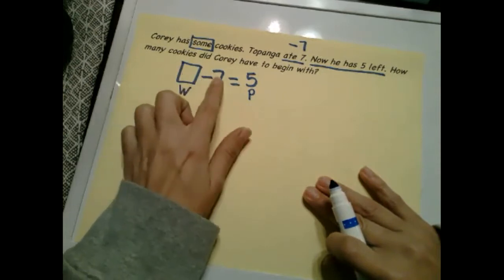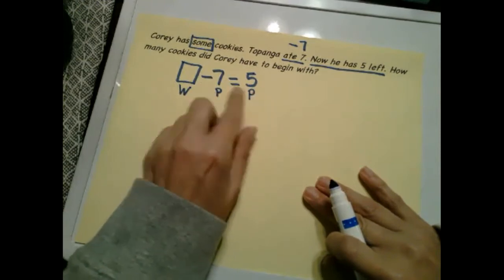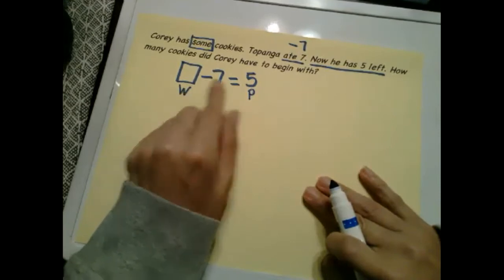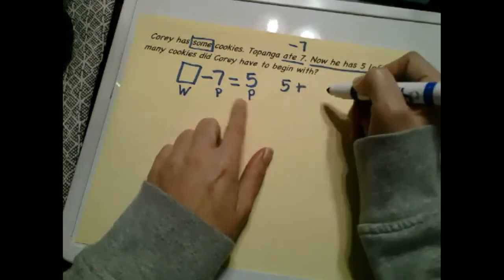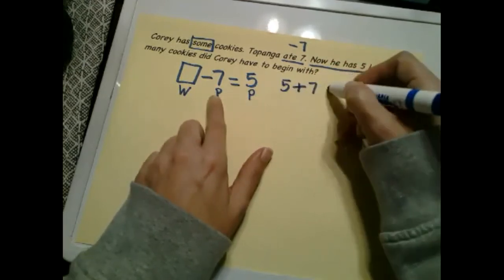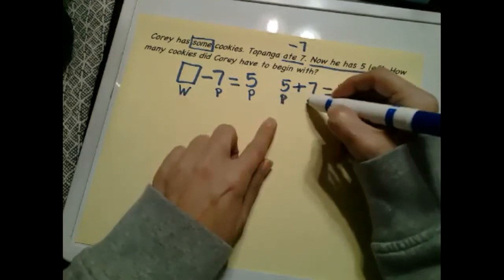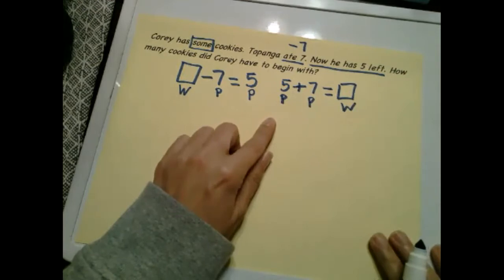If something minus 7 equals 5, then you can put your two parts together to find out what your whole was. So I could say 5 plus 7 equals box, because my part plus a part can equal my whole.